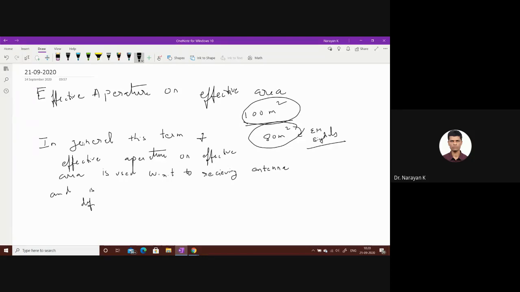and is defined as the ratio of power received in the load to the average power density.